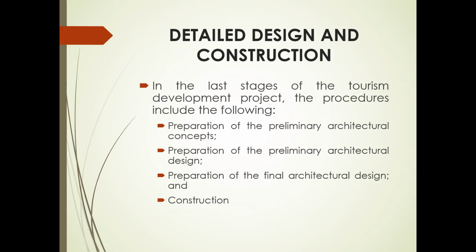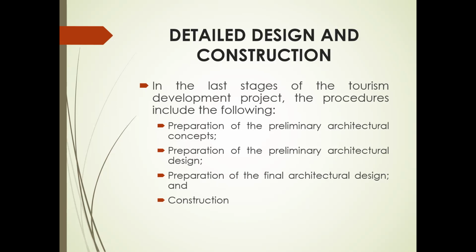All right, so this will be our last topic, which is about the detailed design and construction. In the last stages of the tourism development project, several levels of architectural designs and drawings are prepared. So here are the procedures.